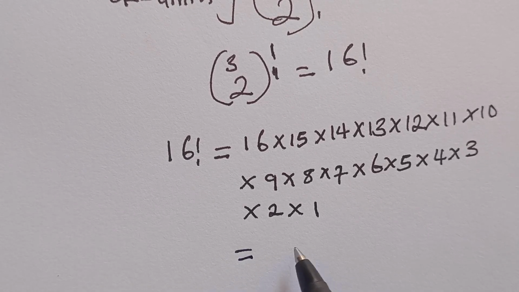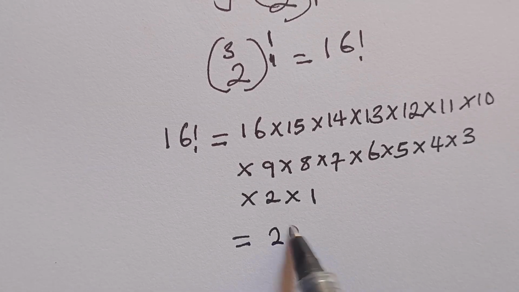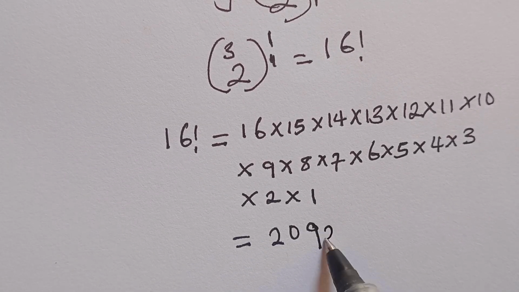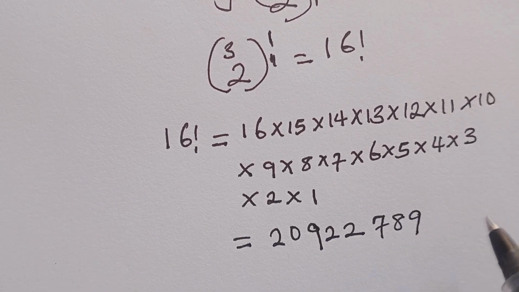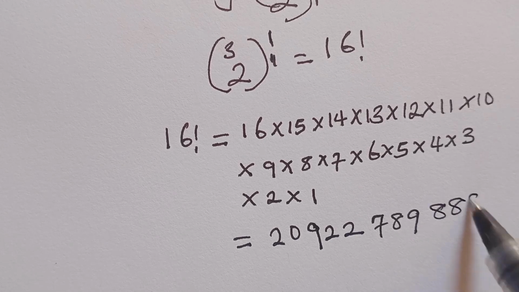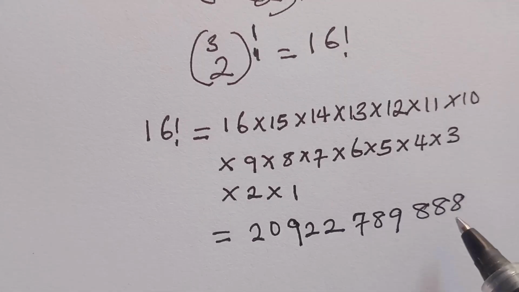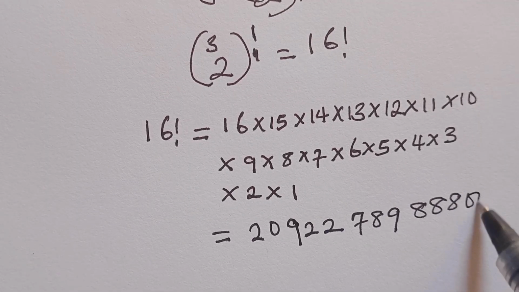And if you press your calculator, you will notice that the final answer for 16 factorial is very long. So we'll be having 209227898888000.